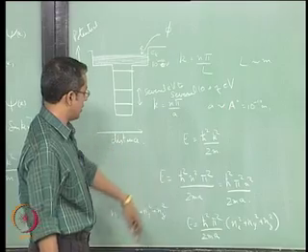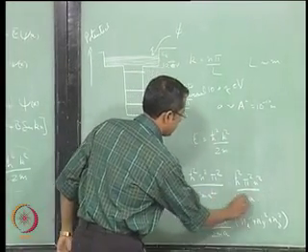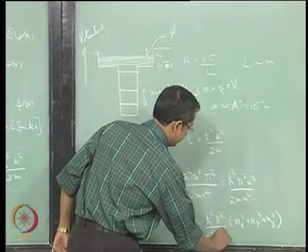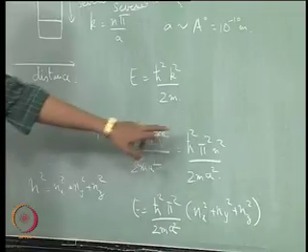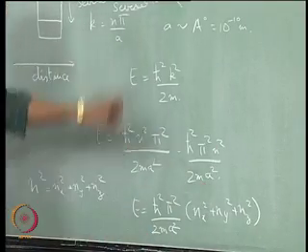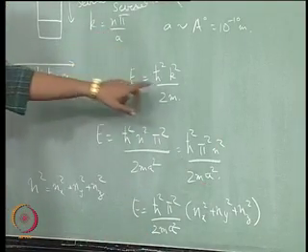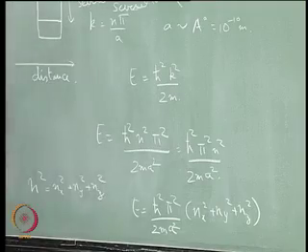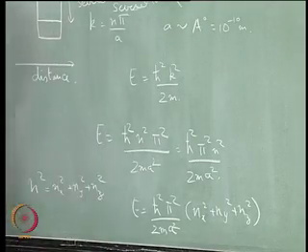I am sorry, this is 2 m a square here, because it is n square pi square by a square. So k equals n pi by a, so k square is n square pi square by a square.